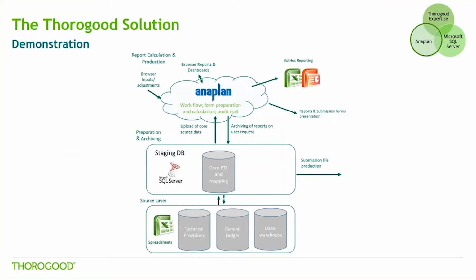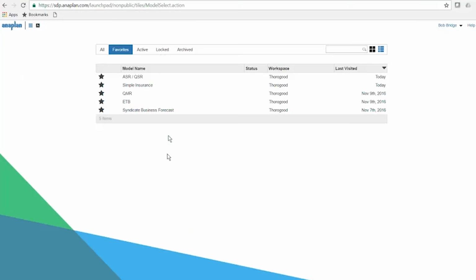So let's go and have a look at how that manifests itself. Just take you back to our diagram again. So it's the Anaplan cloud-based system that we're going to go into now and access via the browser. So I'm in a browser now.